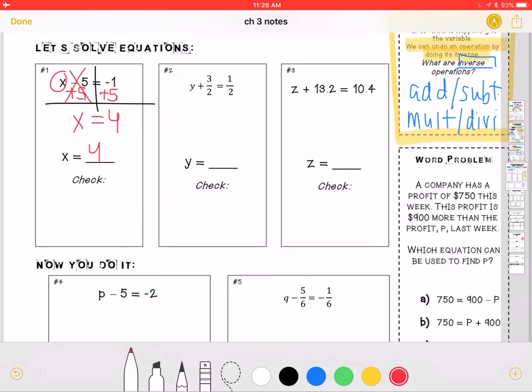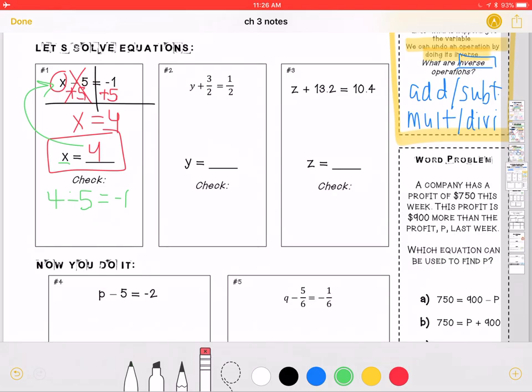So let's check if we're correct. This is my answer. In order to check, you're replacing what you found x to be in your original equation. So if x is supposed to equal 4, let's replace x with 4, minus 5. We're going to see, does that equal -1? That's what you're checking.